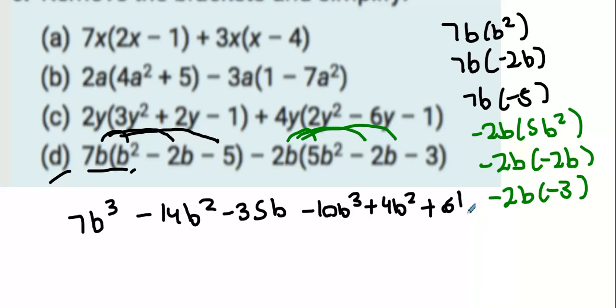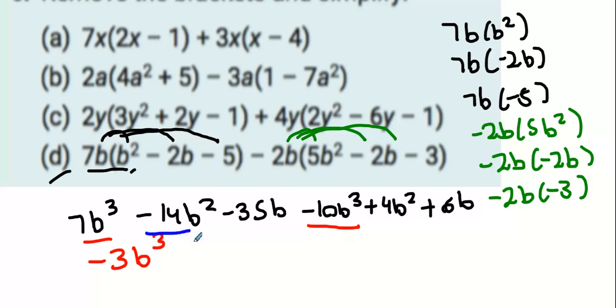Now guys, look at this. 7b cubed minus 10b cubed. You have 7, but you owe somebody 10, don't you? Now, this is like the money again.